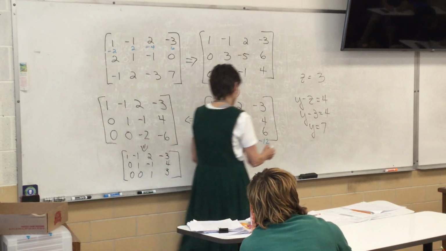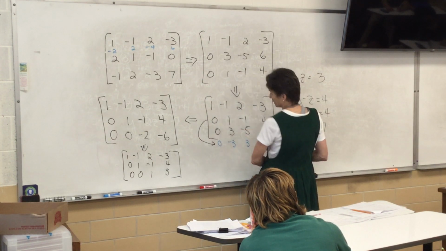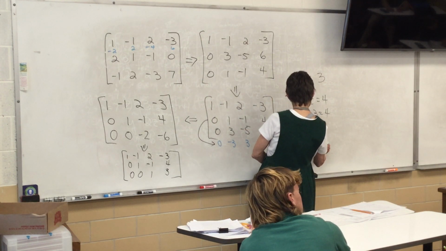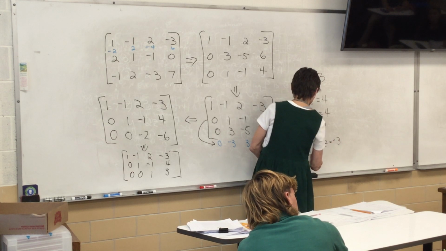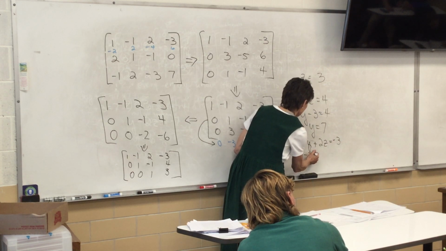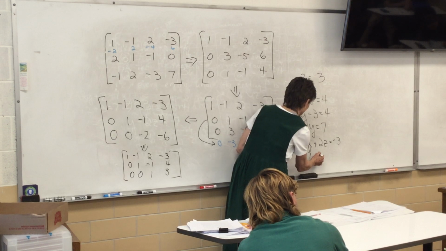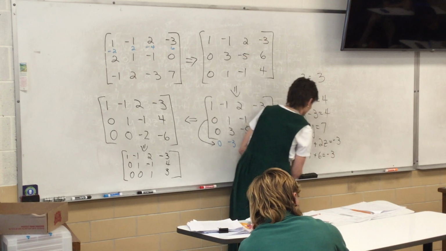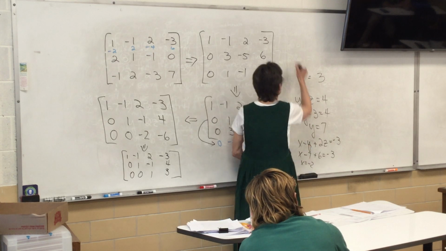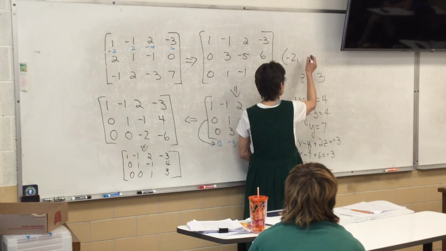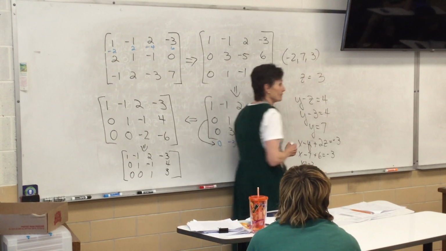And then X minus Y plus 2Z equals negative 3. So X minus 7 plus 6. You get negative 2. So our answer is negative 2, 7, 3.